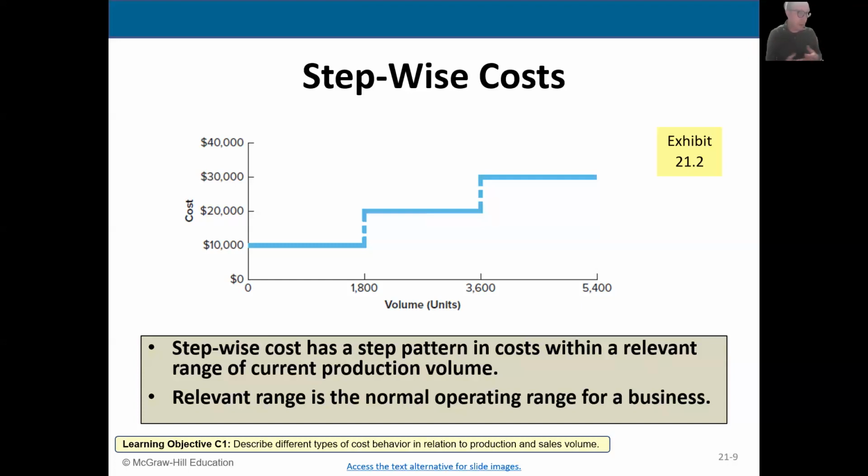This is a very commonly used model, and it's used in ways you probably don't recognize. Here's your real life example. Your cell phone. A lot of you have a cell phone plan with your provider, right? Now let's say you're like me and you have AT&T.